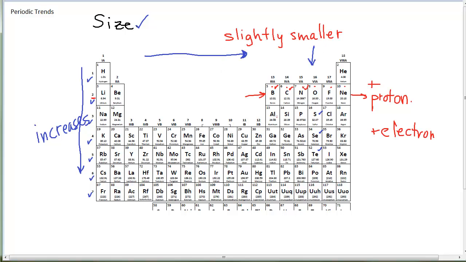As I move left to right on the periodic table, what we find is that the atomic size decreases slightly. That's counterintuitive. You might think, well, I'm adding more electrons, it's got to get bigger. Well, it's not, because the electrons that I'm adding are in exactly the same shell. Even as I move from lithium and beryllium to boron, I'm still in the n equals 2 shell. And I'm also adding another proton to the nucleus to hold on to those electrons. So as I move left to right, the atoms get slightly smaller.